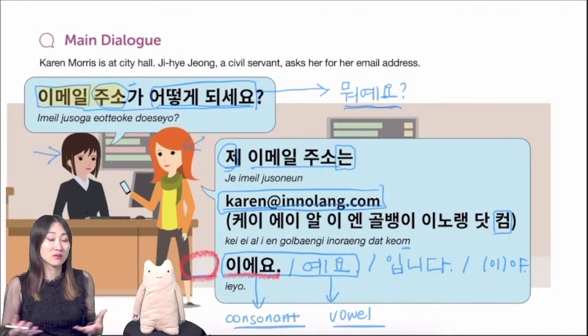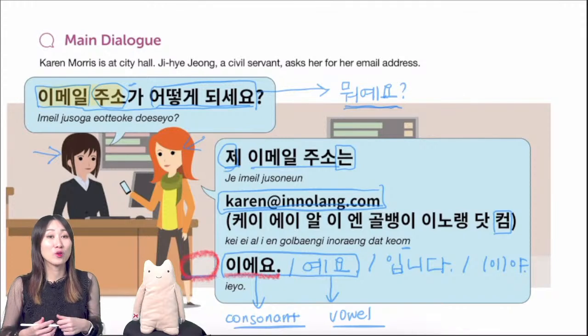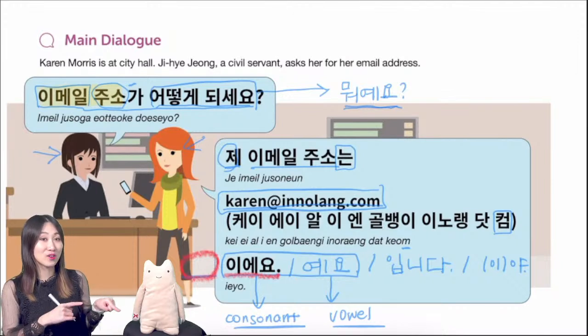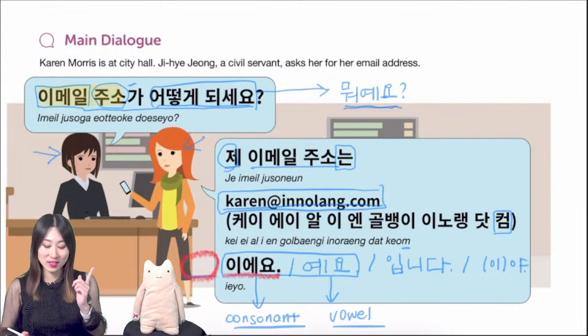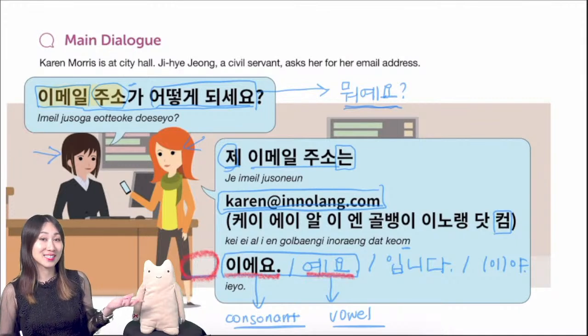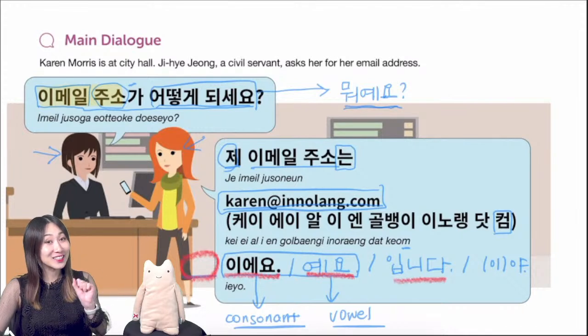Is, am, are in English. So for example, apple in Korean is 사과. It ends with a vowel sound. So if I want to say, oh, it's an apple, 사과예요. It ends with a vowel, so I use this word. 사과예요. It's an apple. 입니다 is relatively simple.